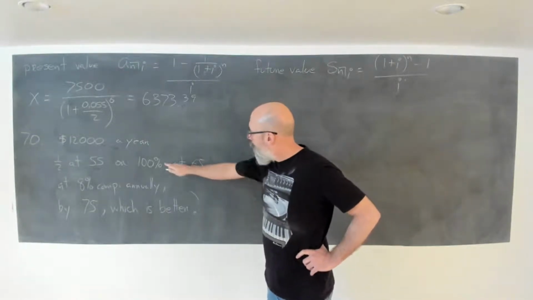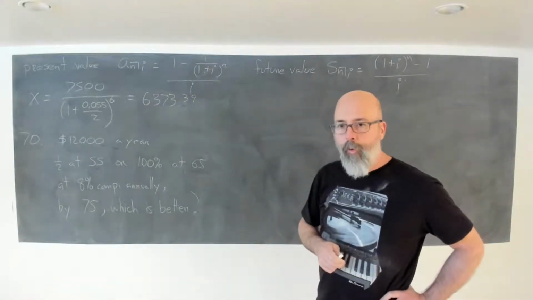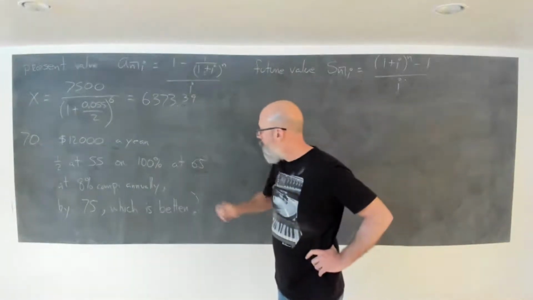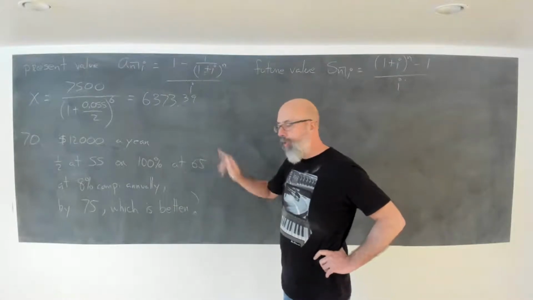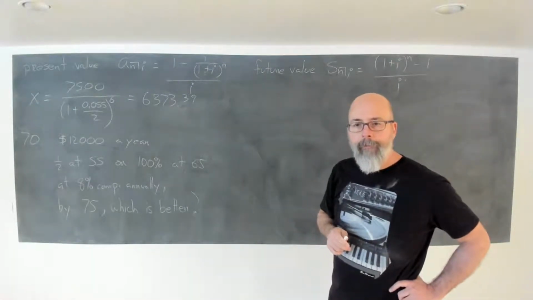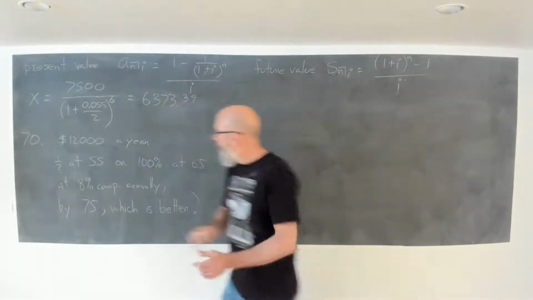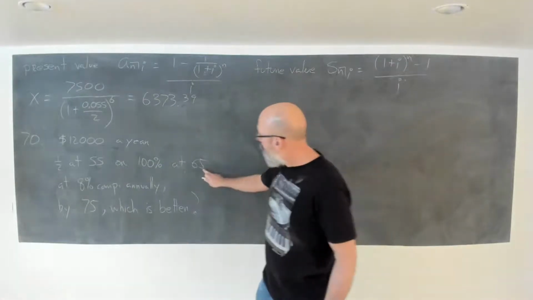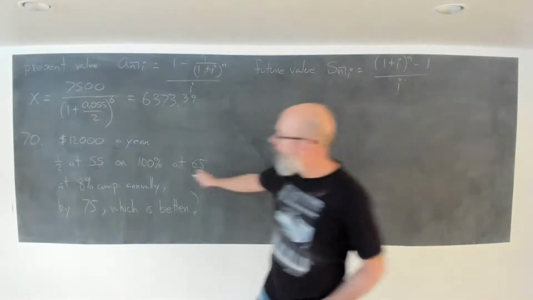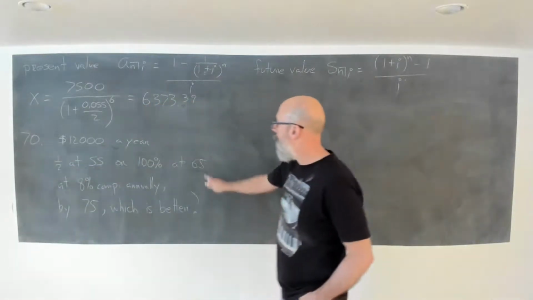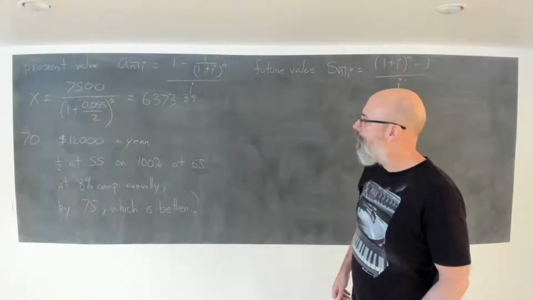At 65, you get the full pension, and it's 4% less every year that you start before 65, to a maximum of 60. But if you'd gone down to 55, they used to offer that, you would have lost 40%. So not half, this would have been 60% instead of 50. But it's almost the same thing.